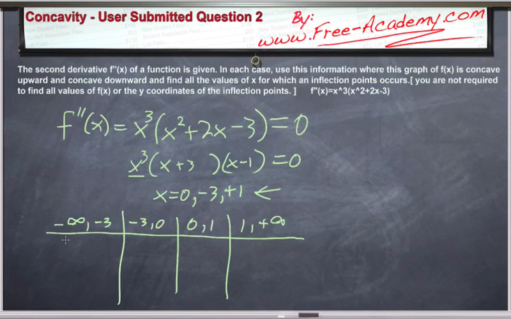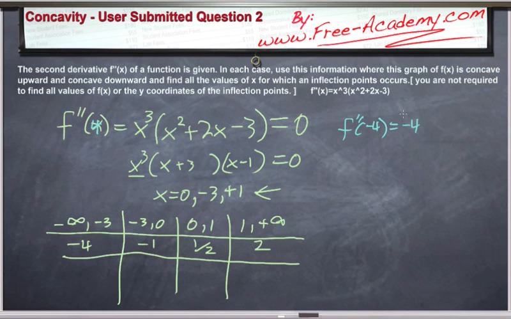Now we need to pick a value in each one of these ranges to test in the equation. And depending on whether we get positive or negative outputs, we'll know whether it's concave up or concave down. So we'll take negative 4 and put it in here. So f double prime of negative 4.